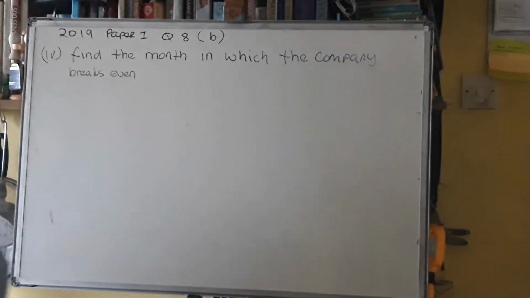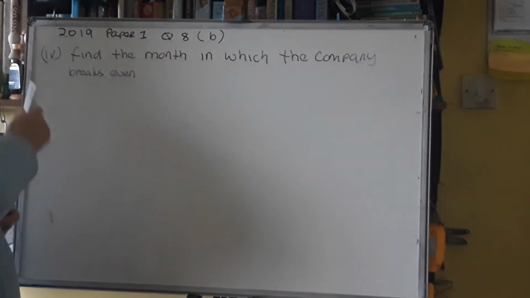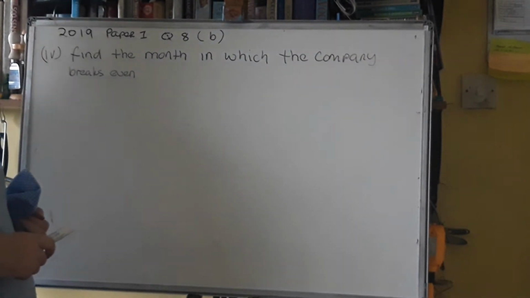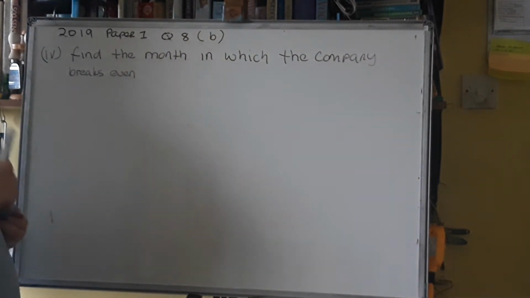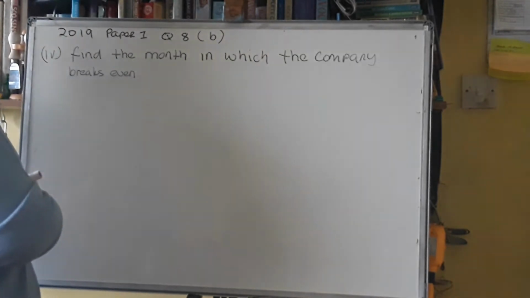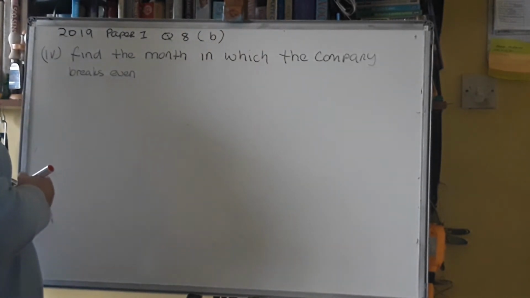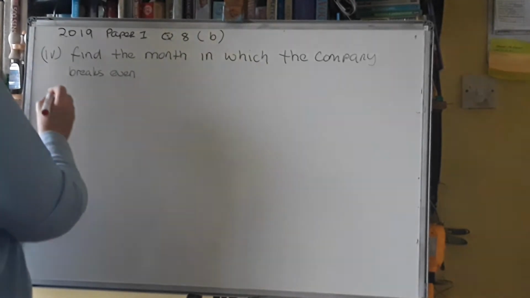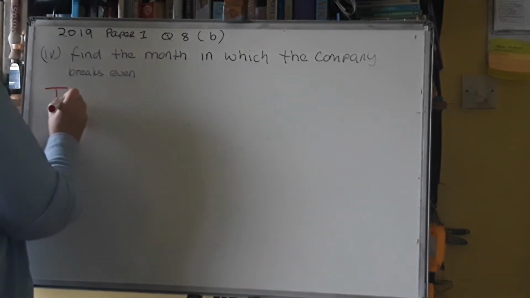Okay, part B, question 4. Find the month in which the company breaks even. So again, pause the video, have a go of that, and press play to see the solution. So find the month in which the company breaks even. Well, this is very similar to the one you've just done, except this time you don't know what n is.